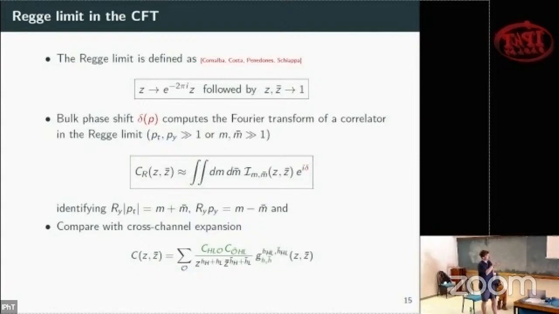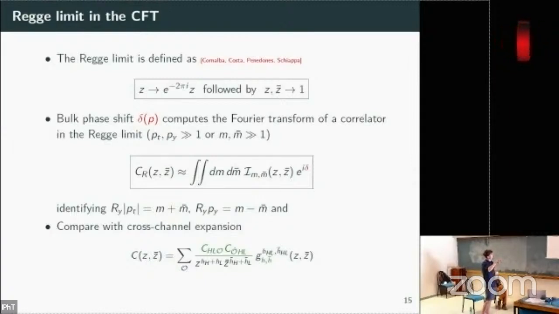Everything wrapped up in this calligraphic I is, in the CFT story, the mu equals 0, non-interacting part of the correlator. It's the generalized free theory information. So all of the interesting mu-dependent interactions, anomalous dimensions, that kind of thing, are wrapped up in this phase. So it's morally similar to the flat space story.